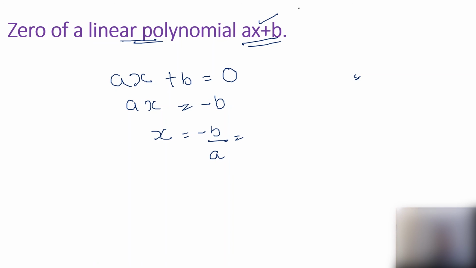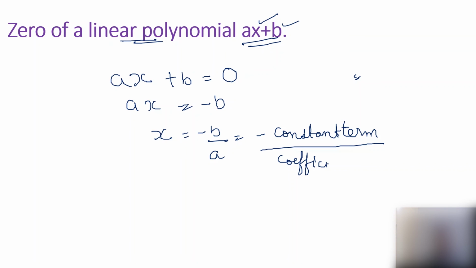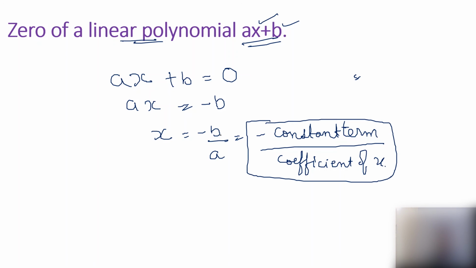Or we can write, what is b? b is the constant term, and what is a? a is the coefficient of x. This is the formula for finding the zero of a linear polynomial.